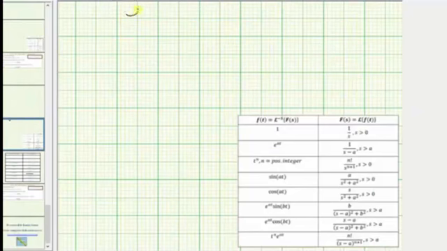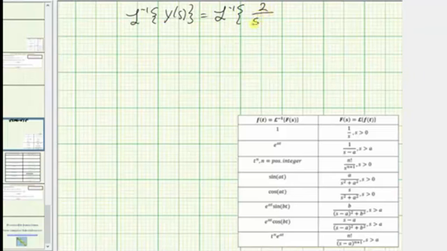We'd have the inverse Laplace transform of big Y of s equals the inverse Laplace transform of 2 divided by the quantity s minus 5 minus 11 divided by the quantity s minus 5 squared. Well, we know the inverse Laplace transform of big Y of s is y of t, which is what we're looking for.